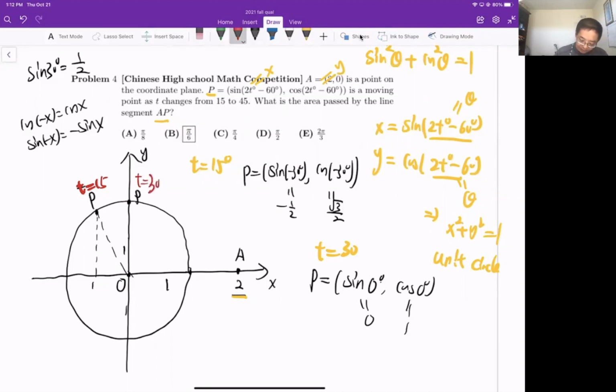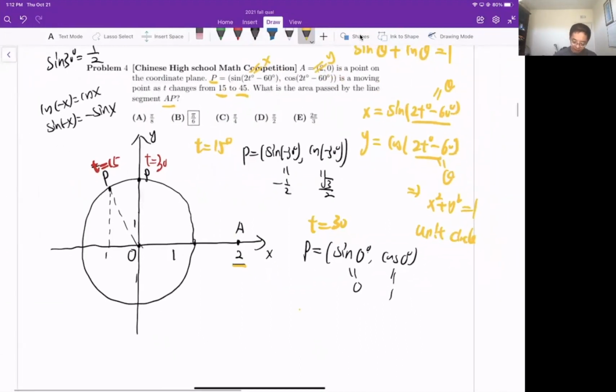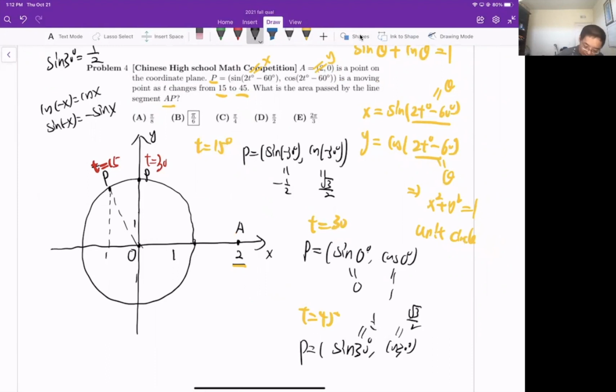And then the last one, t equals 45. Then P is sine 30 degrees and cosine 30 degrees. Sine 30 degrees is 1/2 and cosine 30 degrees is square root of 3 over 2, so it's right here. This is t equals 45, and you see this is the trajectory of P. So P moves starting from this point to here.